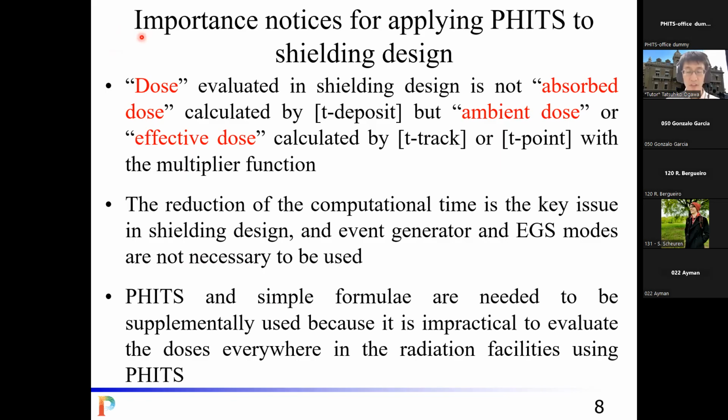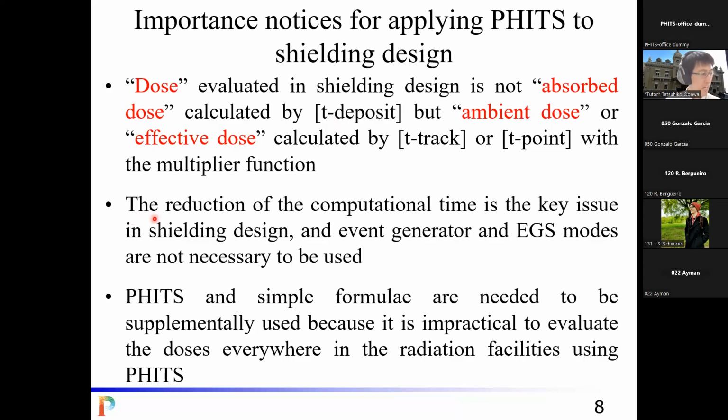Here are some important notes about the radiation shielding calculation. A dose evaluated in shielding design is not absorbed dose, because nobody uses absorbed dose for radiation safety purposes. Very often, we use ambient dose or effective dose for safety purposes.